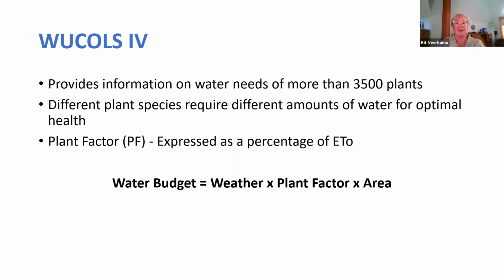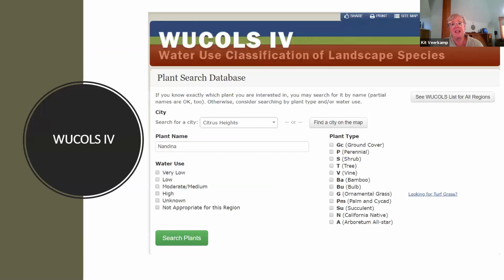Your water budget, the amount of water your landscape actually needs, is based on the weather and this plant factor that's provided by WUCOLS, times the amount of area that you have. So that's why it's important to know what WUCOLS is if you're going to try to figure out and develop a schedule. In this case, this is just an example for Citrus Heights.